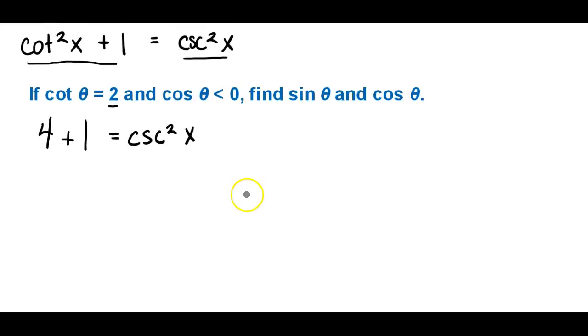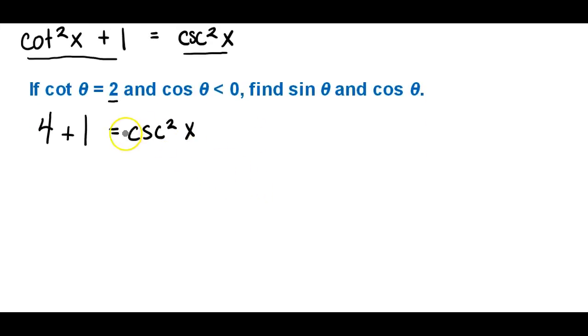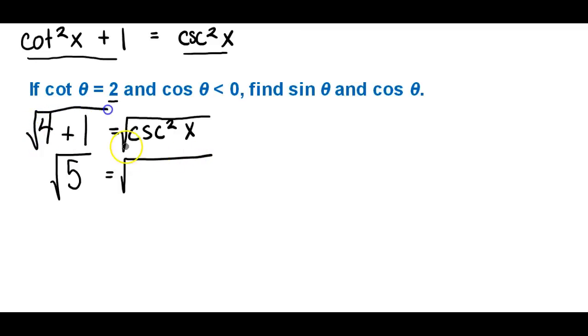To get cosecant of x alone, we're going to take the square root of both sides. So let's simplify this. The square root of 5 is equal to the square root of cosecant squared of x. So that means cosecant of x is equal to the square root of 5. So like I said, we can find sine of, I should be saying theta here.